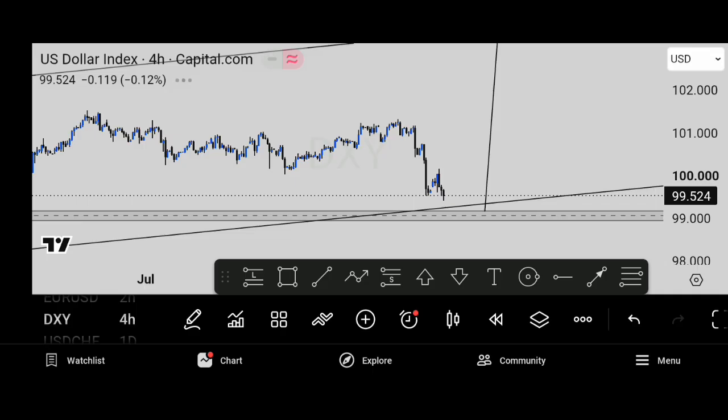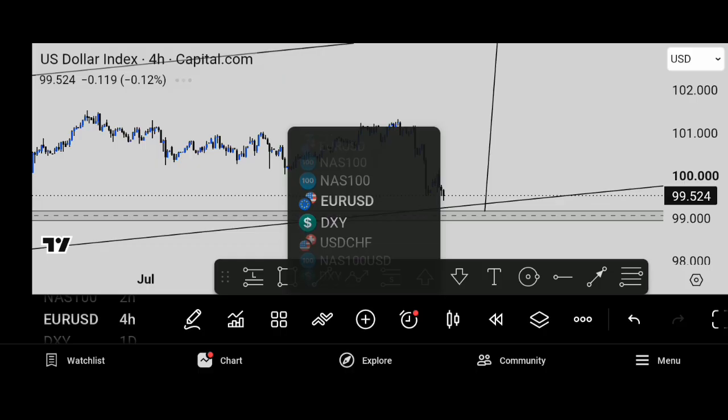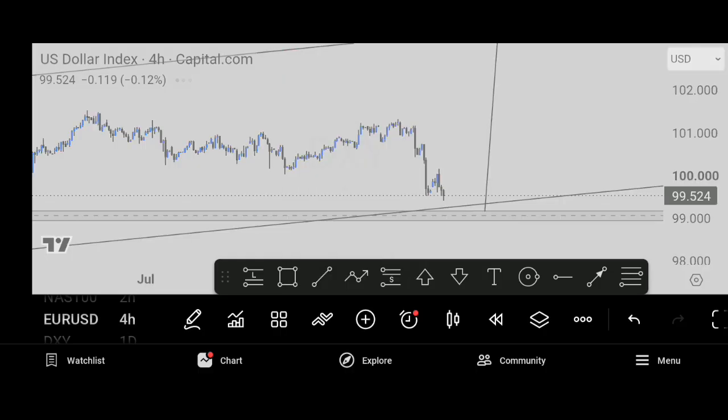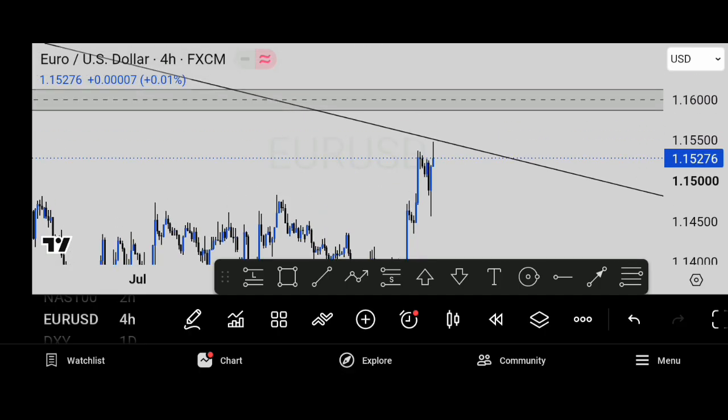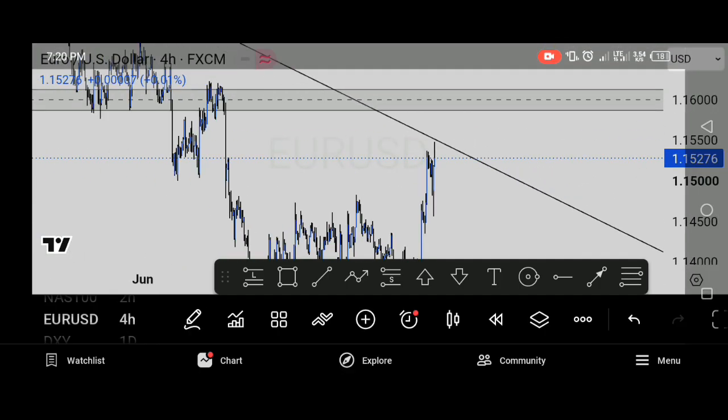So looking at the space that is left, it also aligns with the space that is left on the Euro USD as well, right? So yeah, that's what I'm actually hoping for.